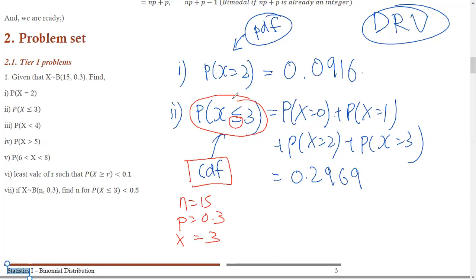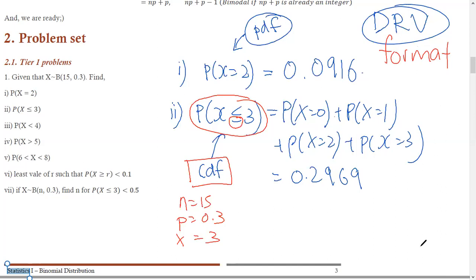Essentially, whatever you want to calculate from your calculator, if it is a DRV, your CDF must have the equal sign. I shall refer to this as the DRV format. Later on in this lecture, whenever I talk about this DRV format, it's automatically assumed that you need the equal sign.